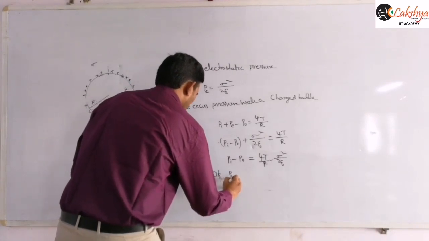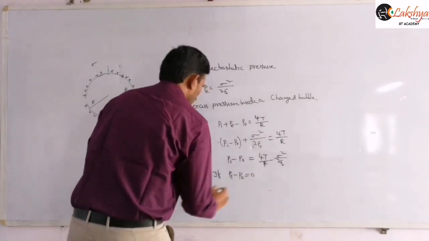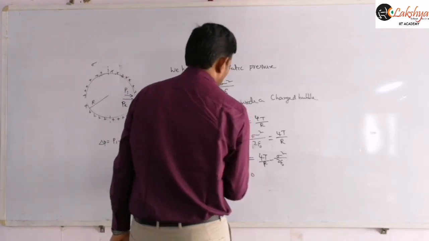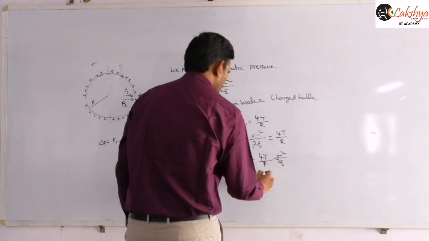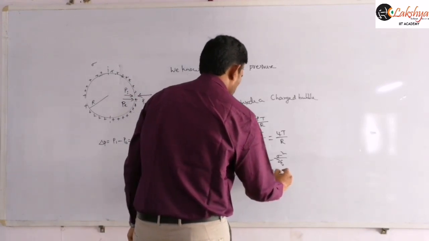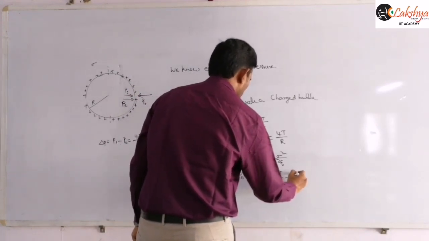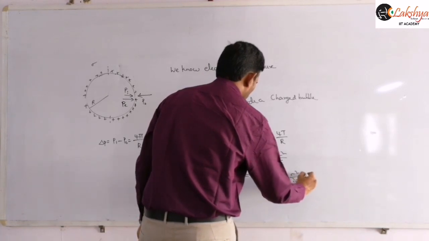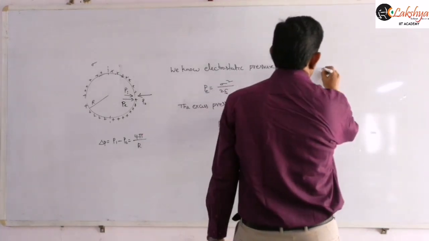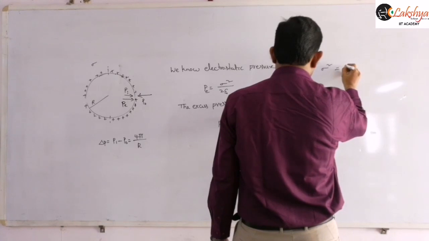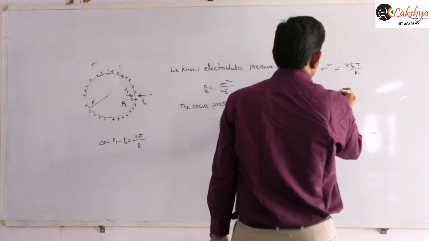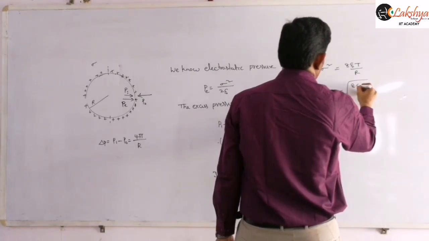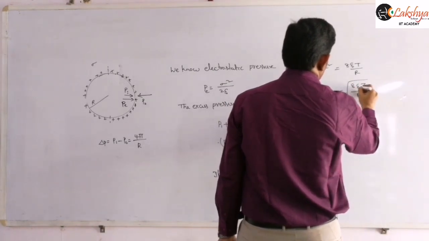If Pi minus P naught is equal to 0, then 4T by R minus sigma square by 2 epsilon naught is equal to 0, and from that sigma square is equal to 8 epsilon naught T by R.